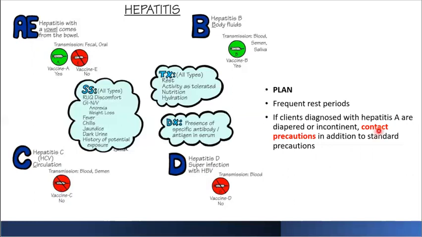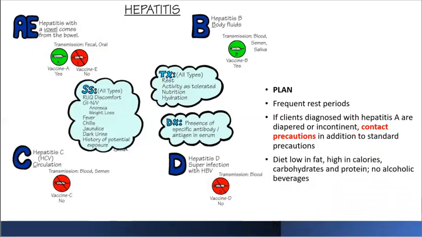Remember, we said you're going to have the hepatitis in the feces and then it's transmitted to the mouth. So again, if they're incontinent, you want to stay clear of those products and initiate contact precautions in addition to standard precautions. We also need to encourage diets that are low in fat, high in calories, carbohydrates, and protein.